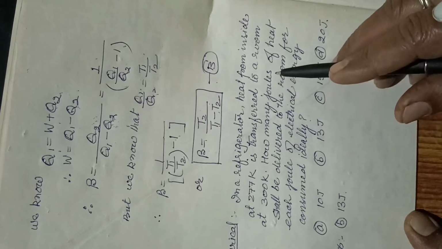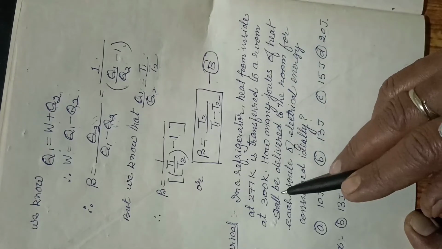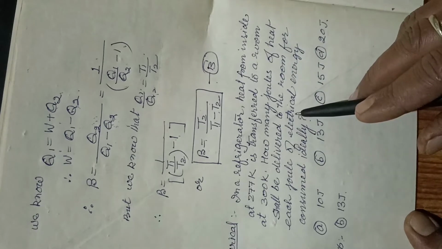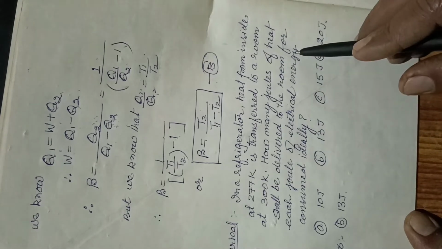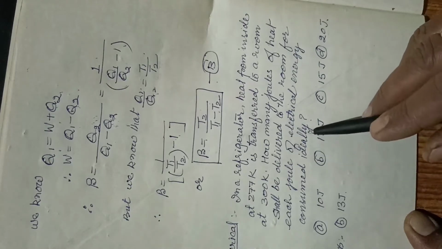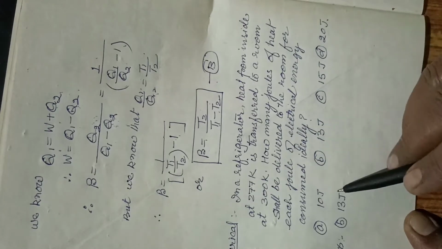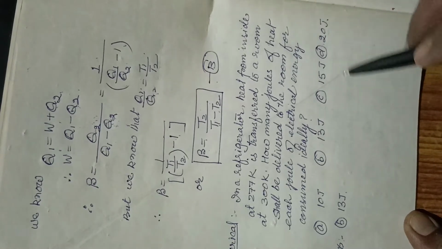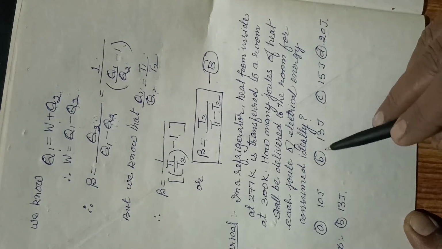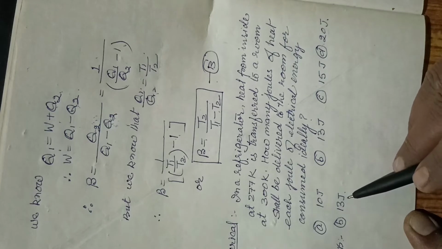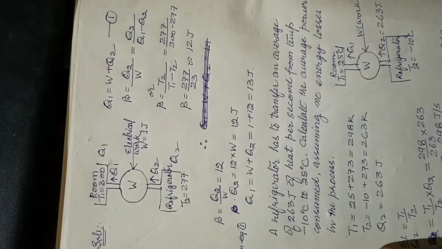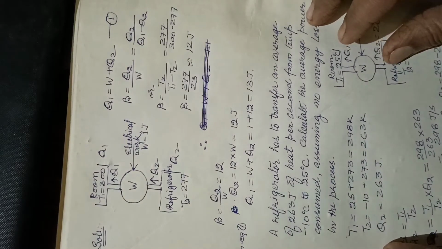How many joules of heat shall be delivered to the room from each joule of electrical energy consumed ideally? And the options are 1, 2, 3, 4. So let us see. Is the correct answer 13 joule? We will see that. So now we will see the solution, how it will be solved.